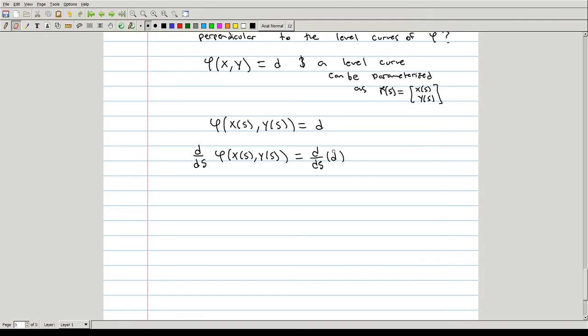And let's make this a capital D to denote that it's the constant level D. Well, the derivative of this composition of functions is just d phi dx times dx ds plus d phi dy times dy ds from the multivariable chain rule, and the s derivative of a constant is equal to 0.